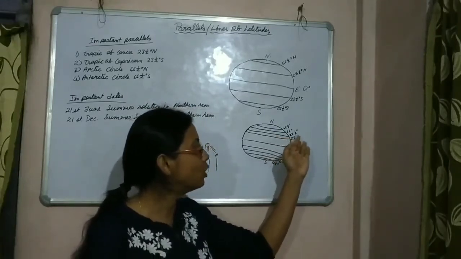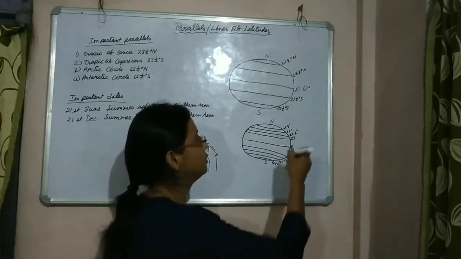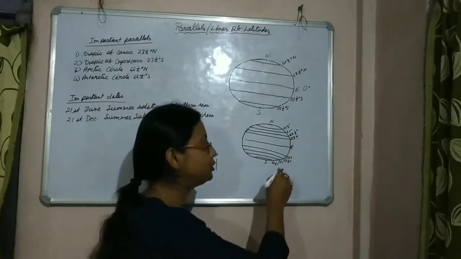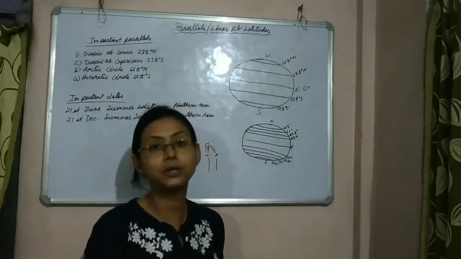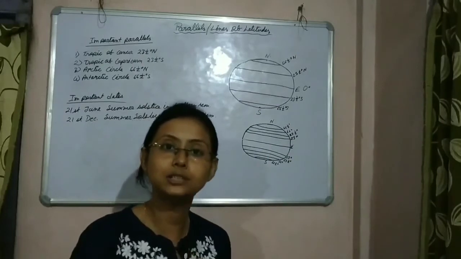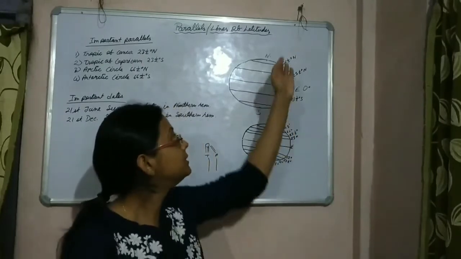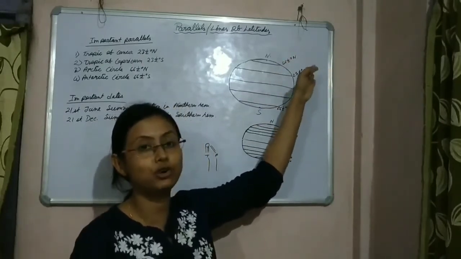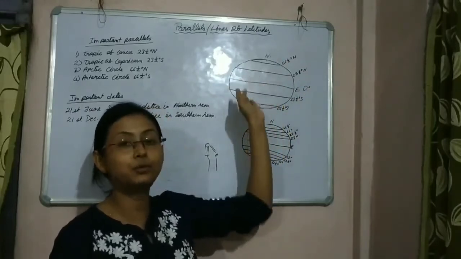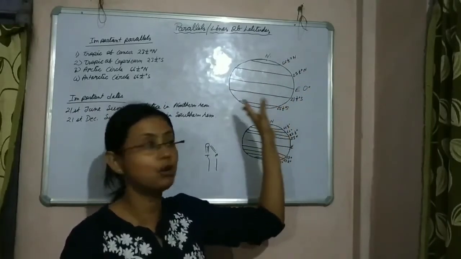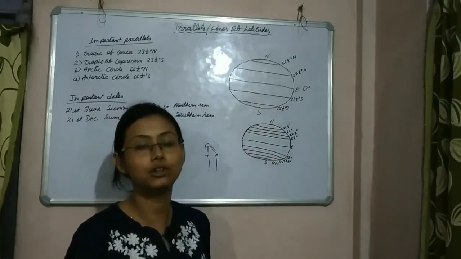The 23 degree north parallel, 23 degree south parallel, 66 degree north parallel, 66 degree south parallel, all these parallels exist. But these half degree parallels have been drawn extra due to the sun's position, to locate the sun's position on these particular dates of the year.